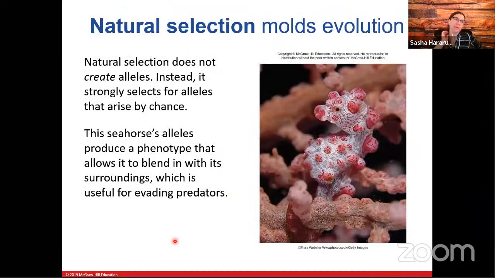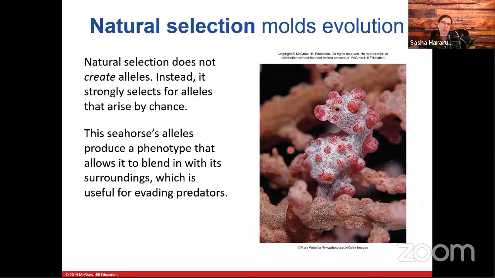Okay. So natural selection molds evolution. Natural selection does not create alleles, rather it strongly selects for alleles that arise by chance. In the picture here, you see a seahorse, which is pretty hard to distinguish from the coral in the background. That is because over many generations, the seahorses with this phenotype survived, since it was hard for the predator to distinguish a seahorse from a coral.